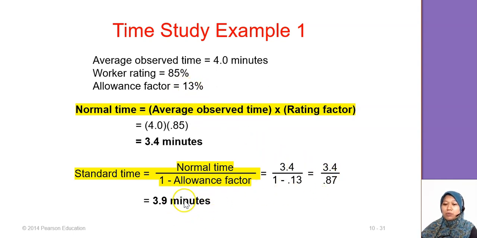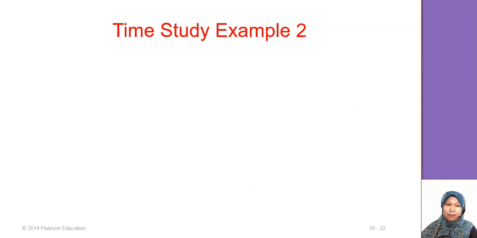These are the standard time. Anyone doing this job or task needs to perform within this time, 3.9 minutes. If they perform in less than 3.9 minutes, it's very good, you are above average. If you produce like 4.2 minutes, you are not following the standard. Maybe you need more practice.